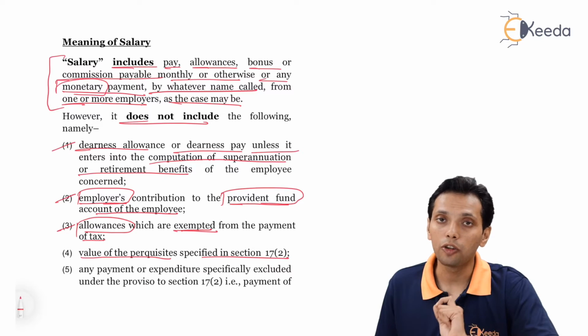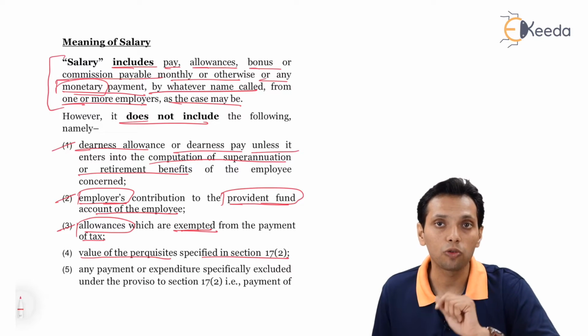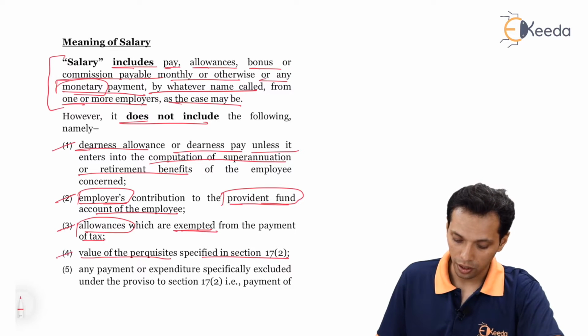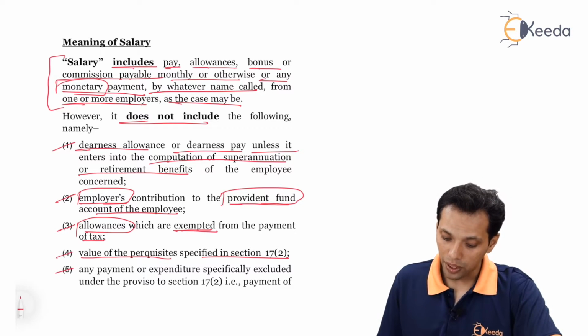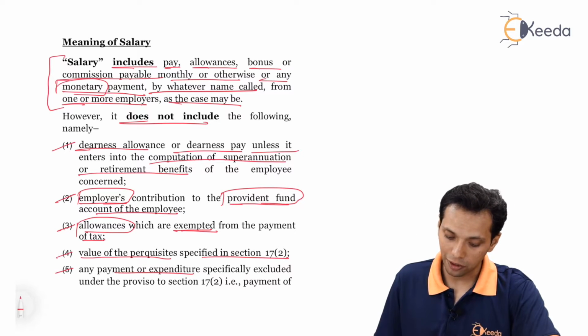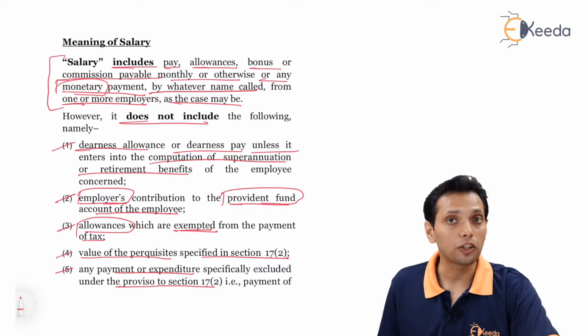So the perquisite value, which is a non-monetary benefit, won't be included. Fifth exclusion, any payment or expenditure specifically excluded under the proviso to section 17(2).